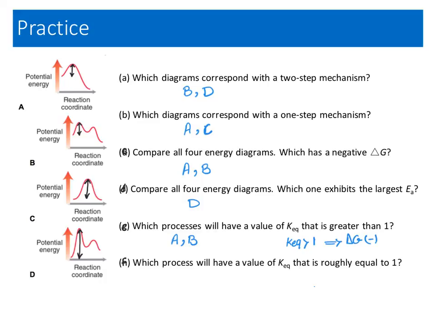And which process will have a value of Keq that is equal to 1? When Keq equals 1, that means delta G should be 0, meaning that we shouldn't see any energy difference between the reactants and the products. And only diagram C shows such a thing.